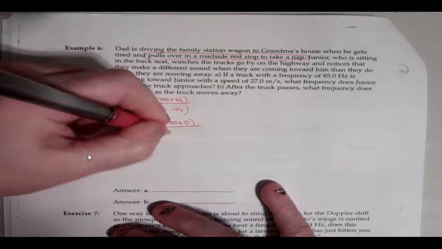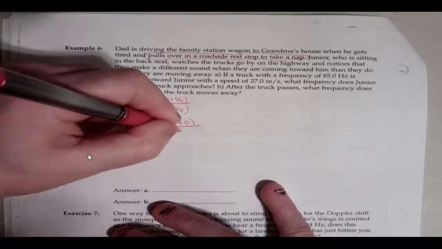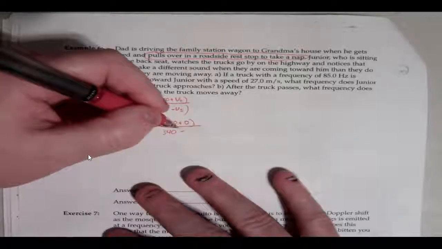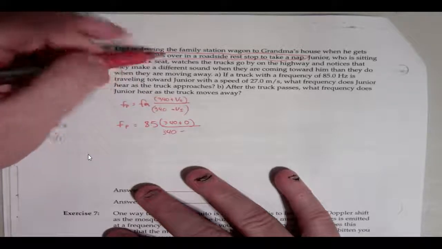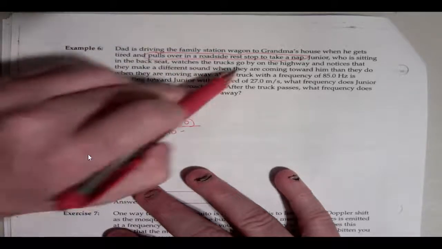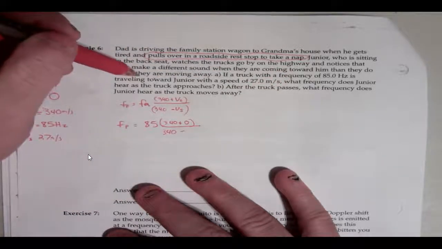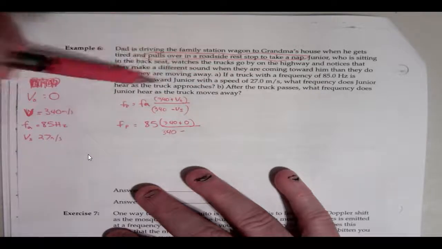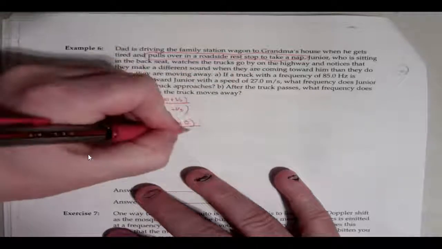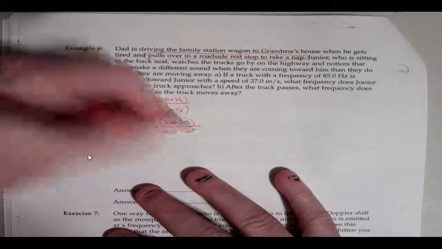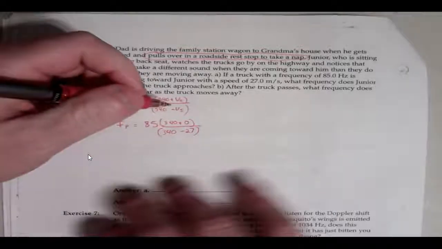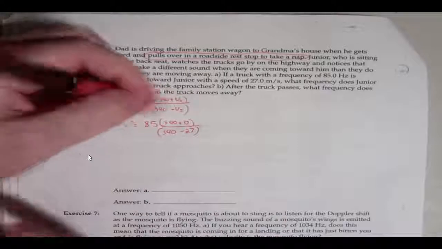Over the speed of sound minus the velocity of the source. The source is coming towards him. If the truck is coming towards Junior, so 27 meters per second, right? Bam. So plug all that in.